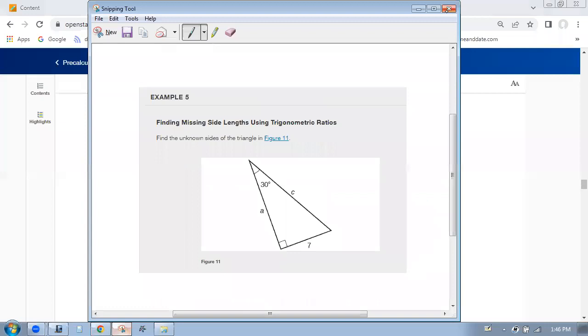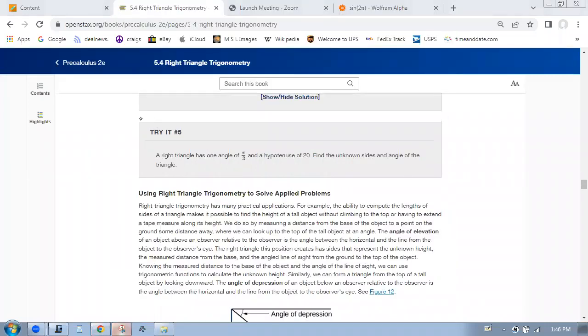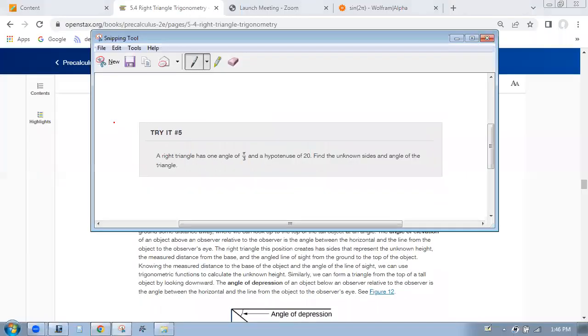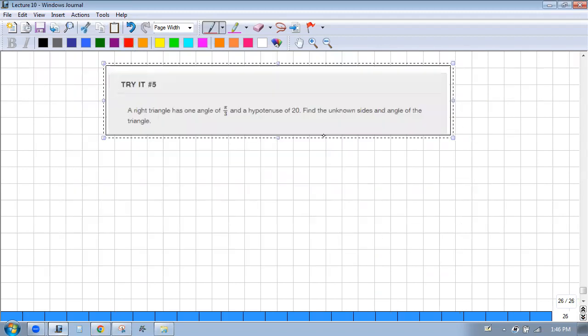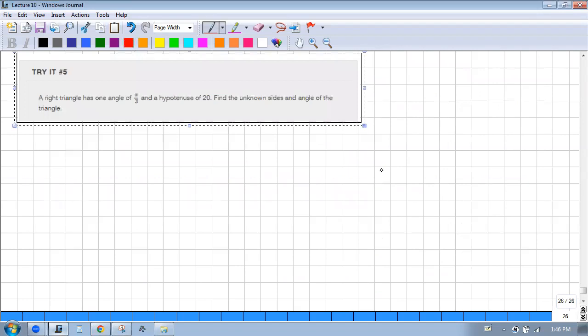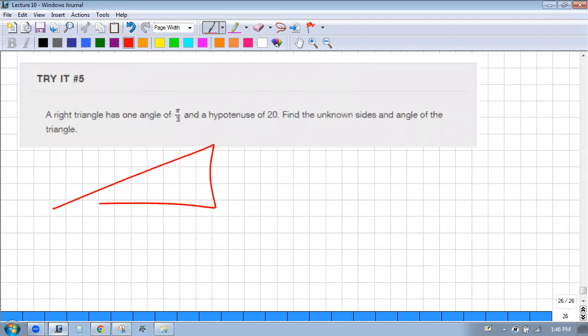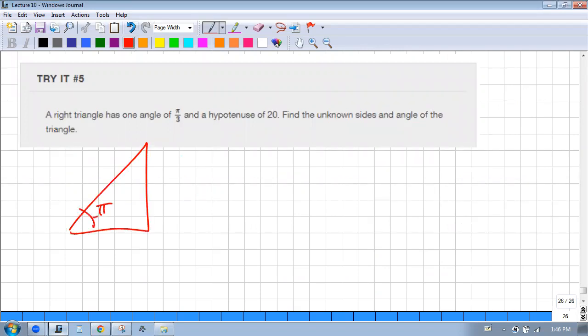Let's do another one. Got 4 minutes. Here's a right triangle with an angle of pi over 3 in it and a hypotenuse of 20. Find the unknown sides.